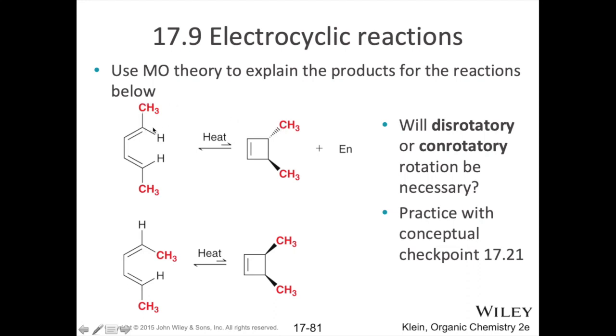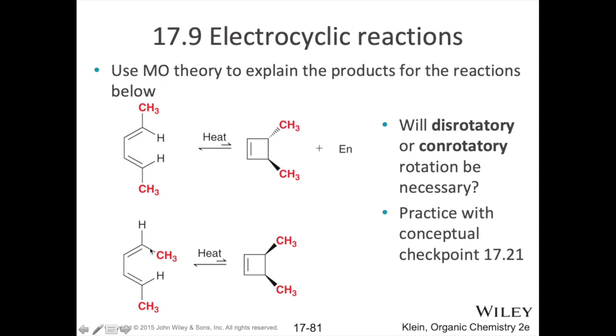So if we were looking at this carbon, it's kind of turning clockwise. Likewise, this methyl group is going to be pointing towards us. Okay, so this carbon's turning clockwise as well. Okay, that's a conrotatory rotation. Con means with, dis means against.